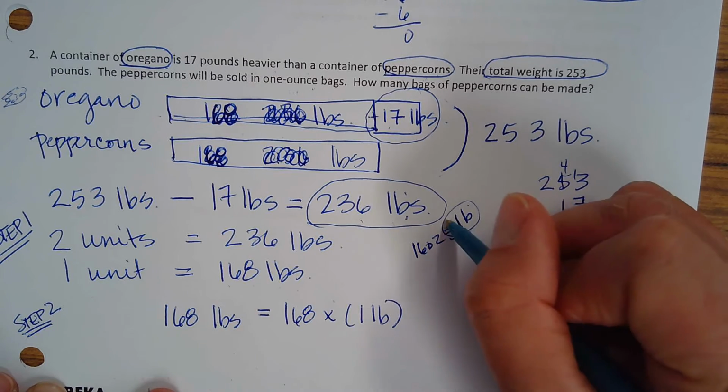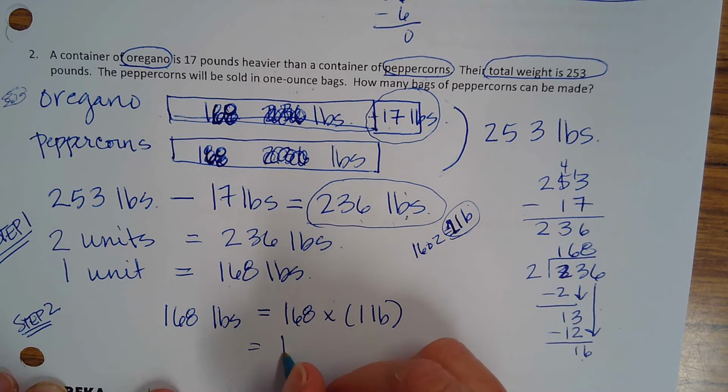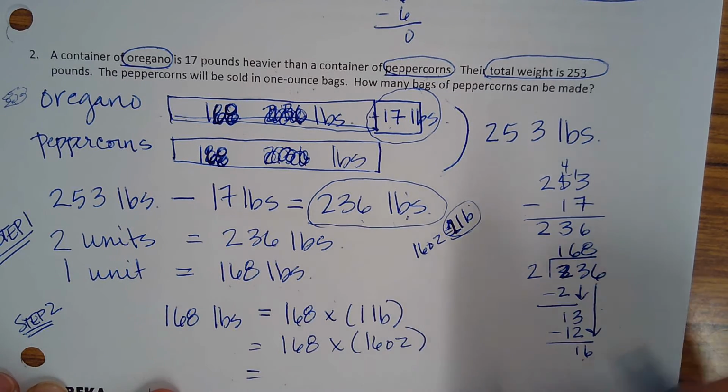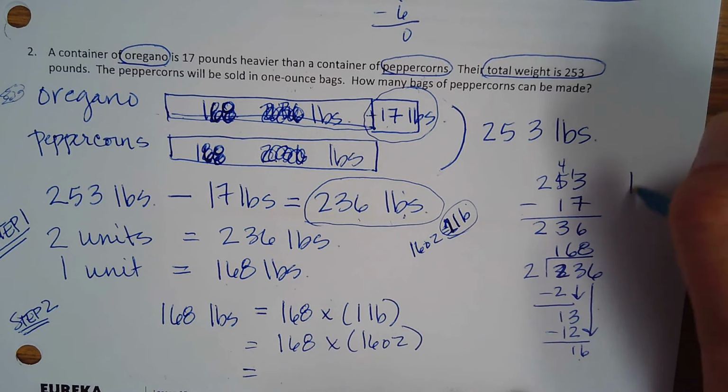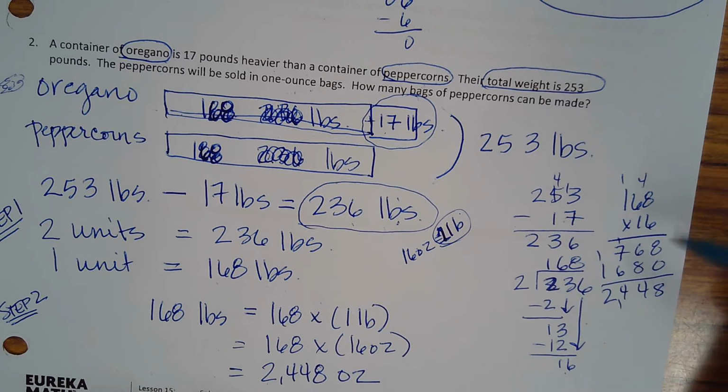So now I need to go 168 times 16 ounces. Right now I'm converting it into ounces. So now we're going to go 168 times 16. So we multiplied and we got 2,688 ounces, right?